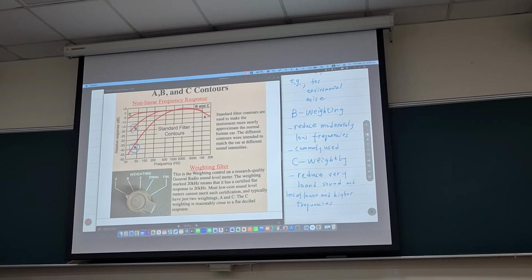In the middle, the B filter works. C is good for higher frequency. Everyone understand?